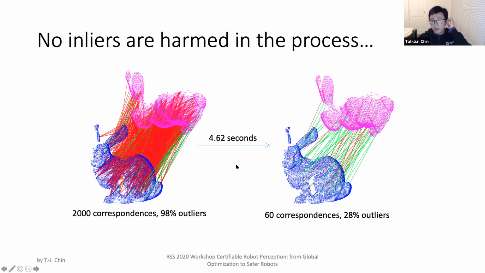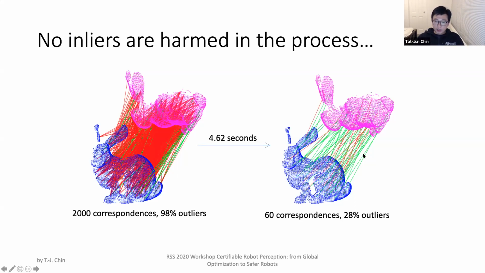Okay, so this will be what we call the pre-processing step. It can actually be achieved really quickly, like in 4.62 seconds. In this example here, we remove almost all of the correspondences, and then we're left with 60, in a manner that guarantees none of the inliers are removed.